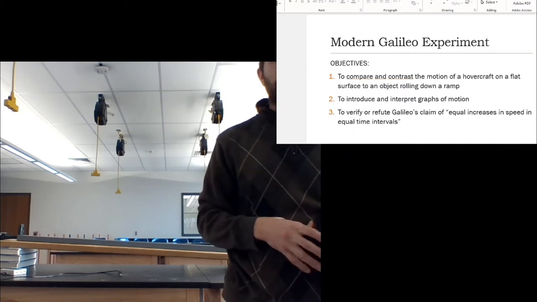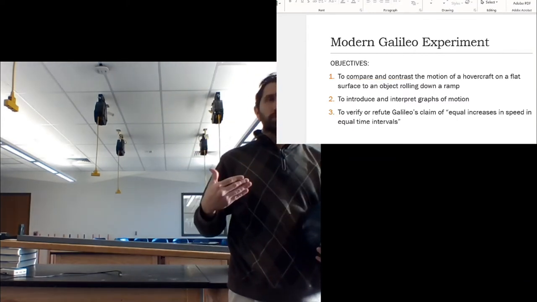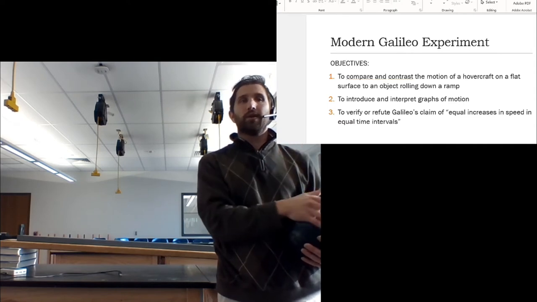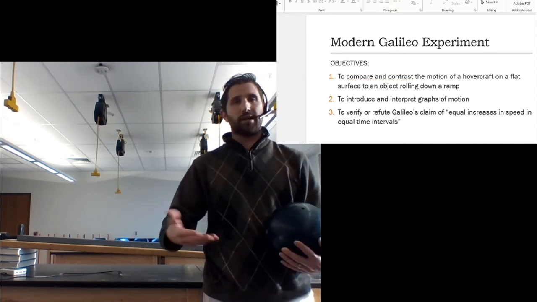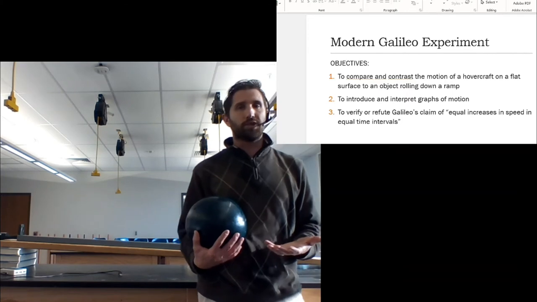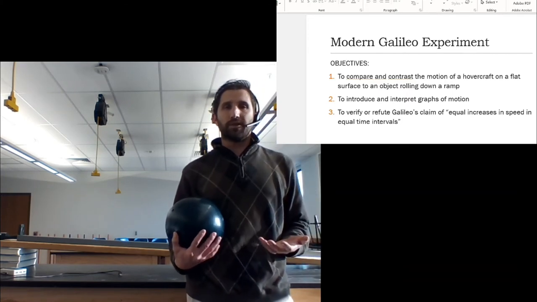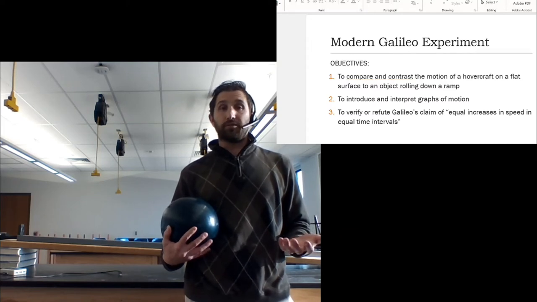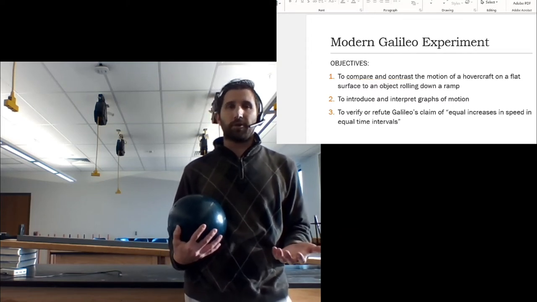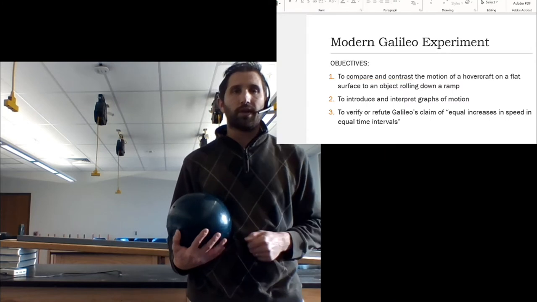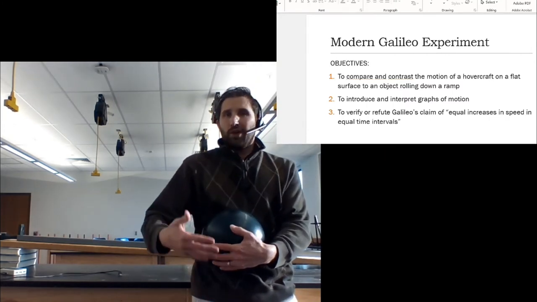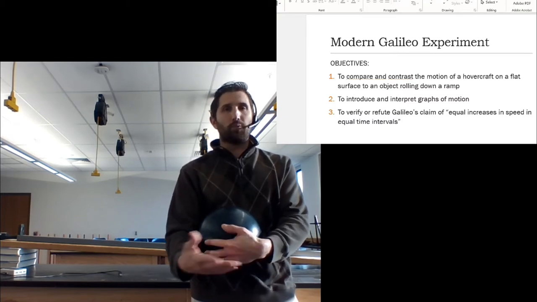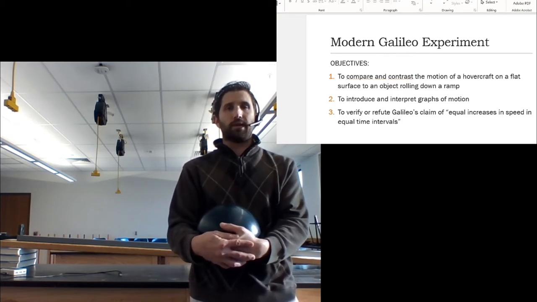What he would do with that was listen for the sound of the bells and try to time how far apart the ringing of the bells was, and use that to try to understand how the object moved. Now, the issue with this is that in Galileo's time, measuring time was very difficult to do. In fact, in many of these experiments, he actually used his pulse as a timer, because the clock was really a brand new development at this time, and certainly a stopwatch or a motion detector was not available.